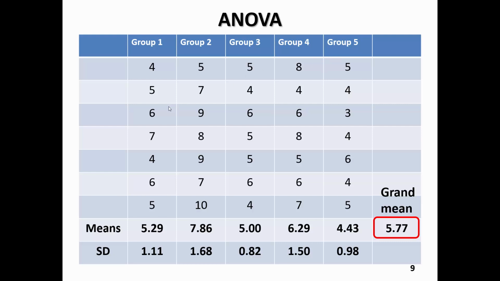And the first step we always do before we get into the more complex statistical procedures, in this case ANOVA, is we calculate descriptive statistics for each group. And that means we calculate the mean and the standard deviation for group 1, 2, 3, 4, and 5 separately.